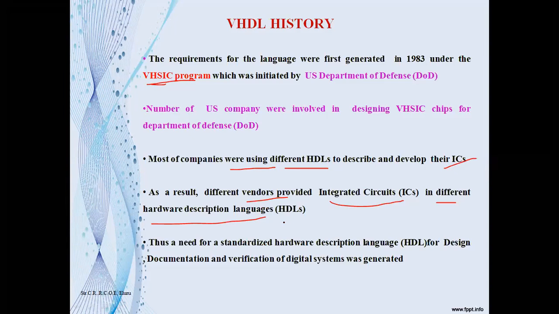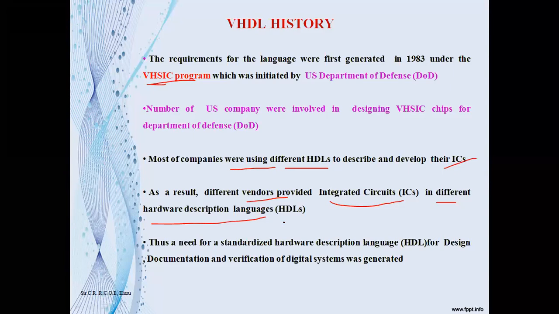So there was a lack of standardization. If they had a standardized hardware description language, they could have compatibility, which would be useful for the Department of Defense.